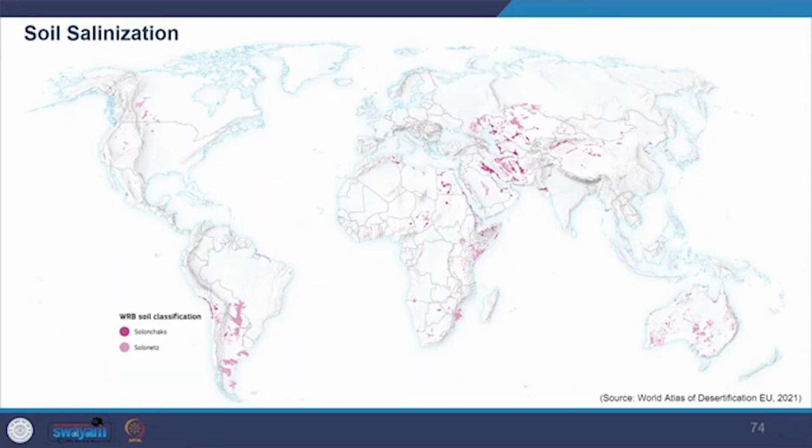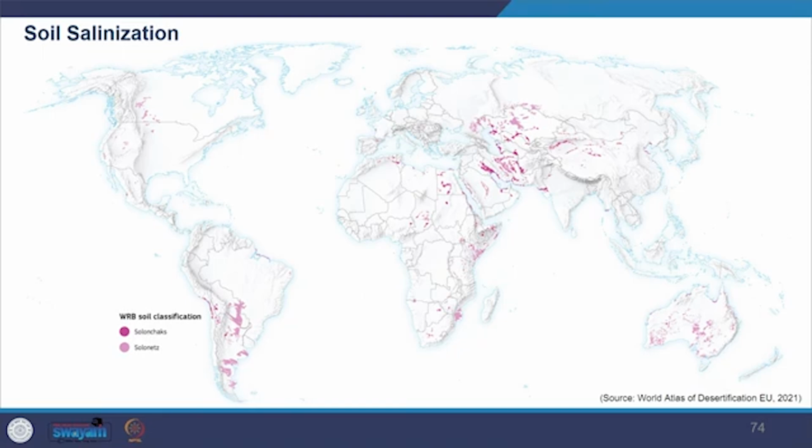Then looking into the soil salinization in the arid and semi-arid regions because of inadequate drainage. Whenever there is inadequacy in the drainage, or there is less irrigation, salt accumulation happens in the root zone. And that's why this soil salinization happens, and this negatively affects the crop production and soil properties.